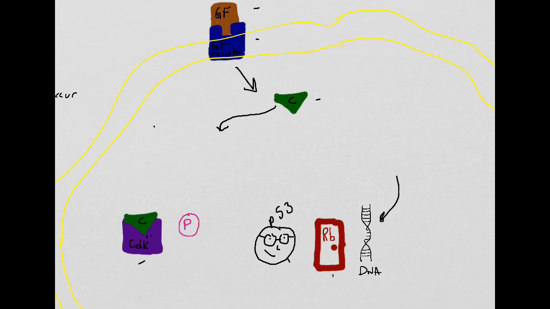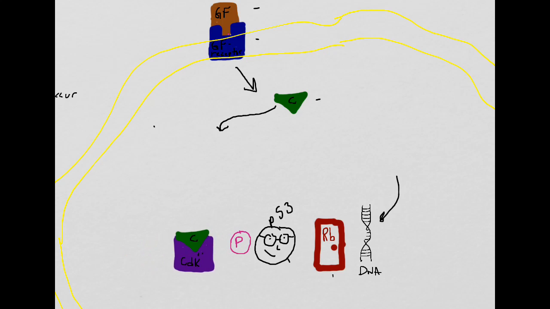Okay, so now CDK can't get over there. He's going to try to get to the RB to phosphorylate it, but it can't because P53 says that the DNA is bad and we're not allowed to copy it. If you fix your DNA, then you'll be allowed to copy it.